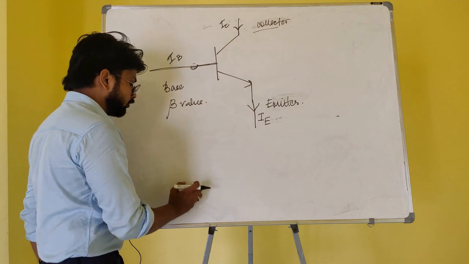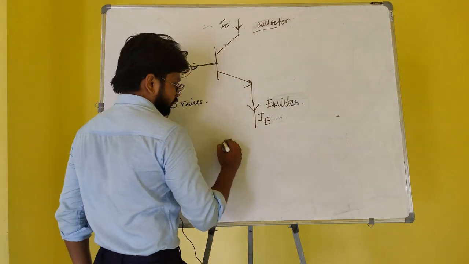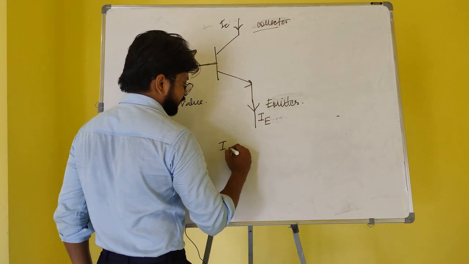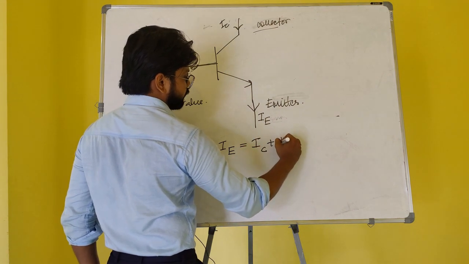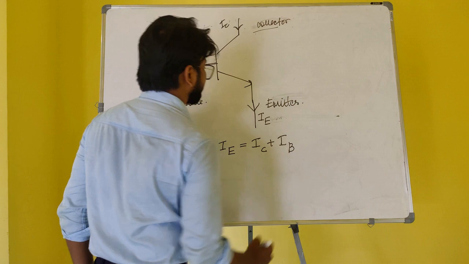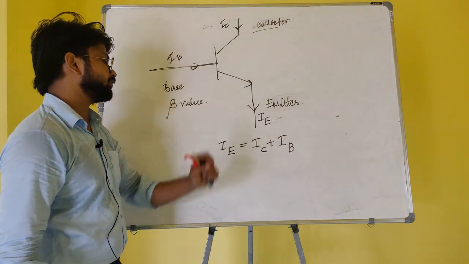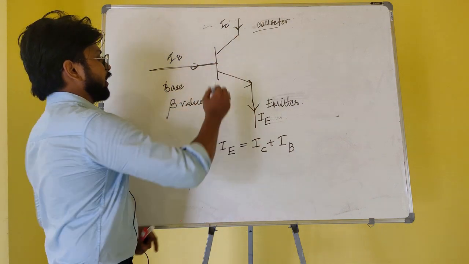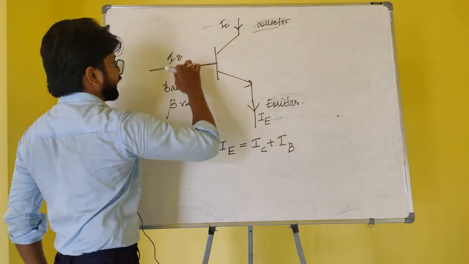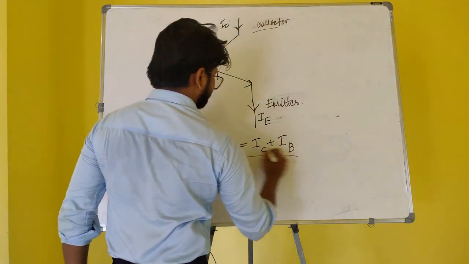From the general transistor equation, IE equals IC plus IB, which states that the emitter current is the sum of the collector current and the base current.